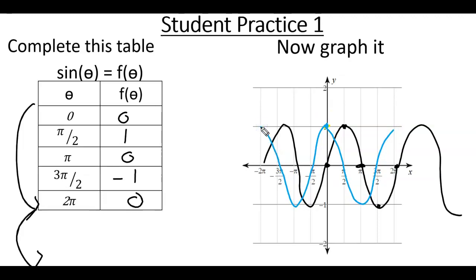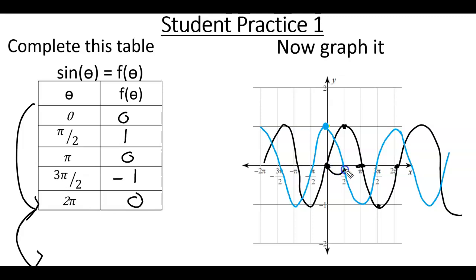Now, as you can see, the sine and the cosine graph are basically the same thing. It's just that they're starting in different places. Cosine starts up here at 1, whereas sine starts down here at 0.